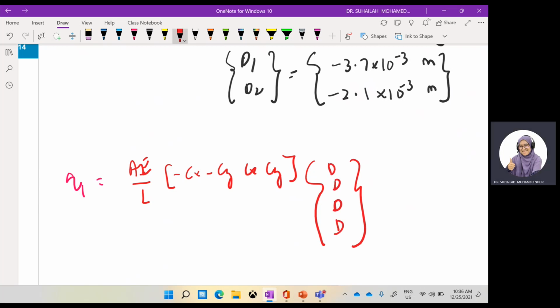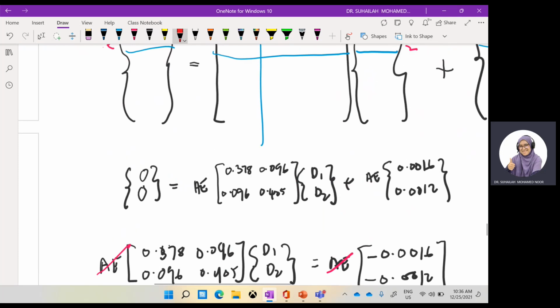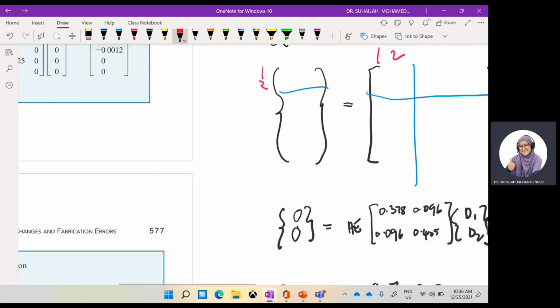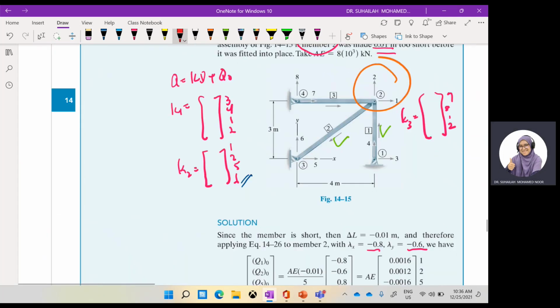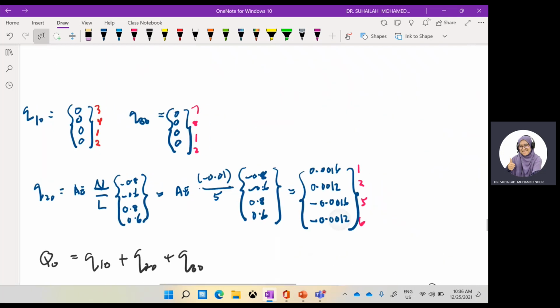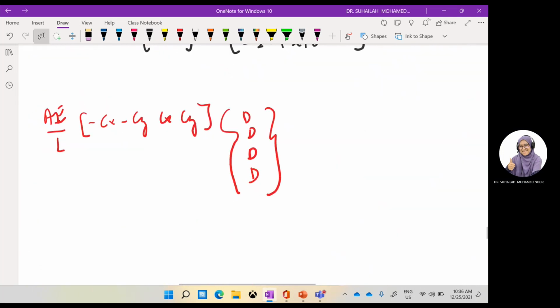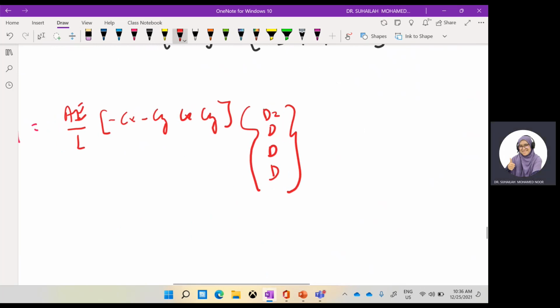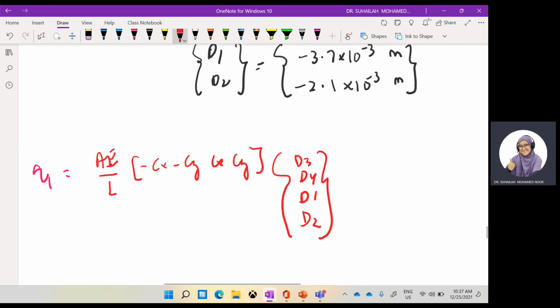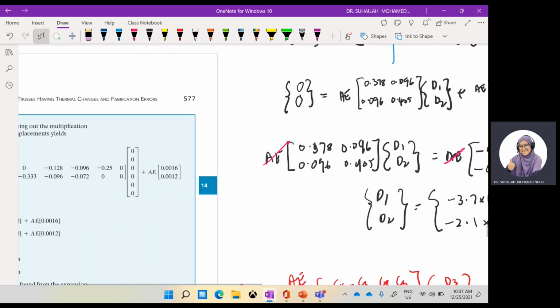Remember that the labels for the displacements must follow the labels for K1. K1 we labelled as 3412.